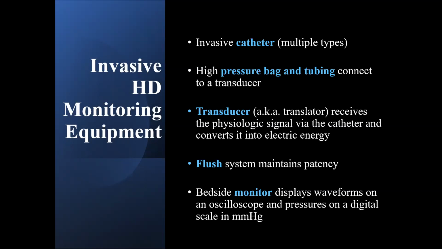Flush system: in that pressurized bag, you're going to have a normal saline bag. We don't use heparin anymore. And then lastly, you need a monitor, because the monitor is what's going to show you the waveforms when you are connecting everything up. And there are cables within that monitor that connect up to this pressurized tubing that we're going to use.